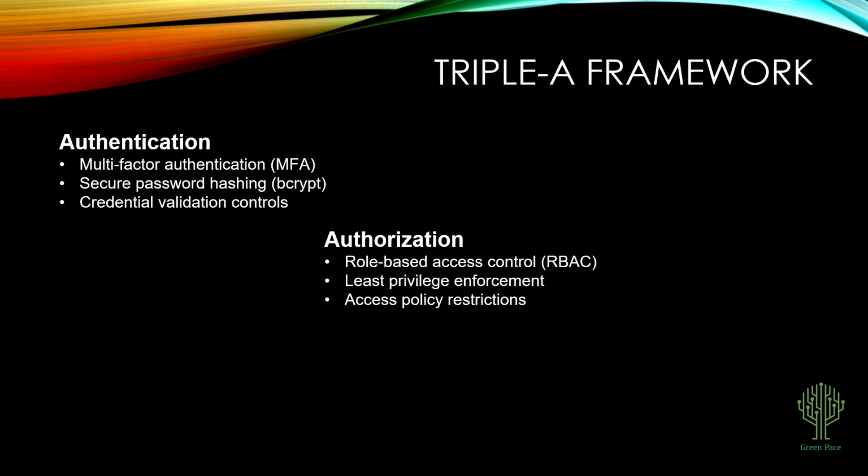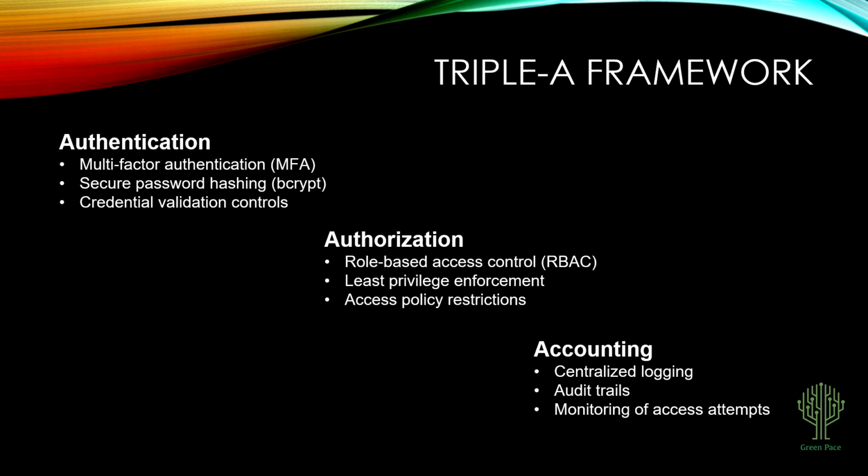Authorization determines what an authenticated user is allowed to do. This is enforced through role-based access control and least privilege principles, ensuring users only access the resources necessary for their role. Accounting focuses on tracking and monitoring system activity.